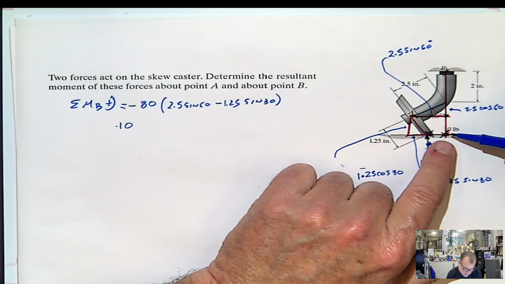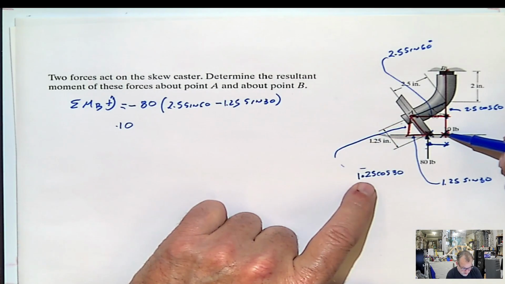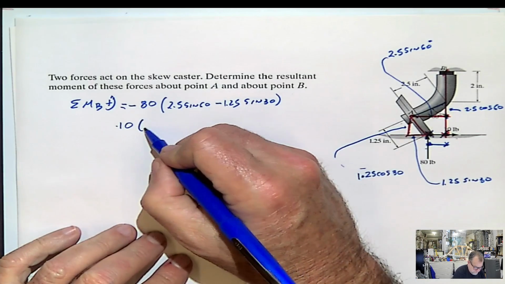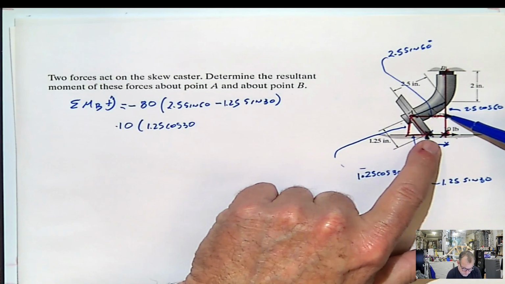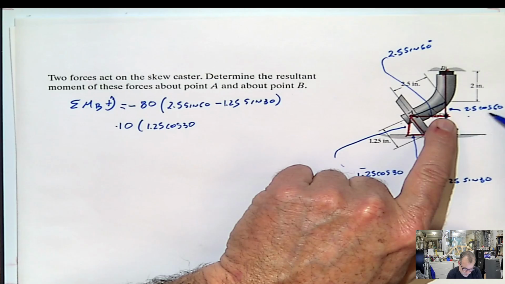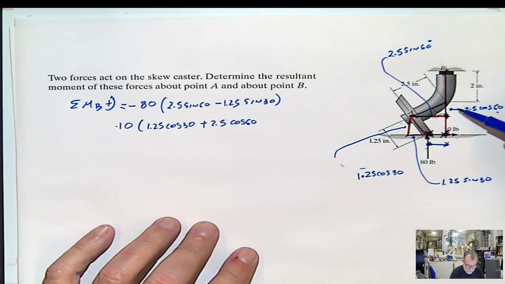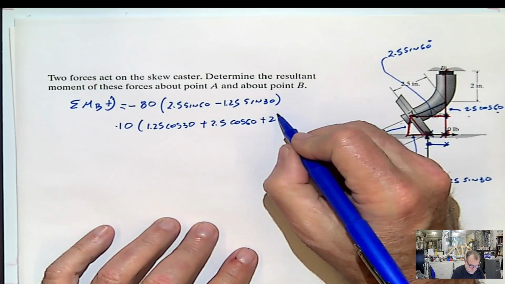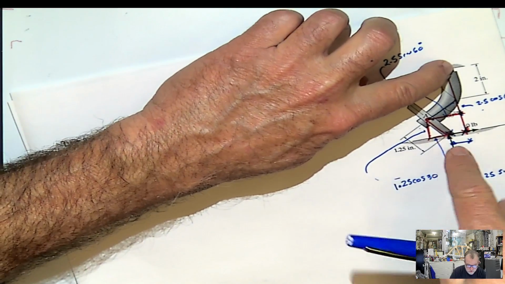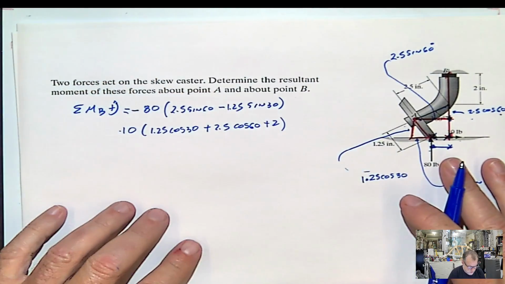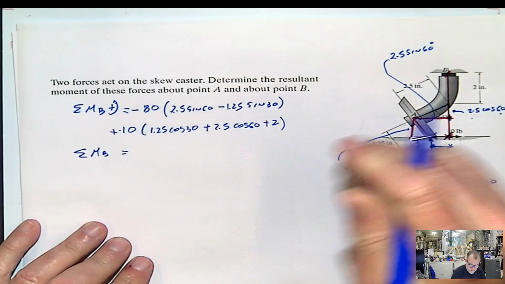And that vertical distance is comprised of this distance, or 1.25 cosine 30, so this distance plus this distance, 2.5 cosine 60, plus this distance of 2. That's the distance. Point B, the force is applied in this direction. Rotation is counterclockwise, meaning this is going to be positive. And we just need to solve that.